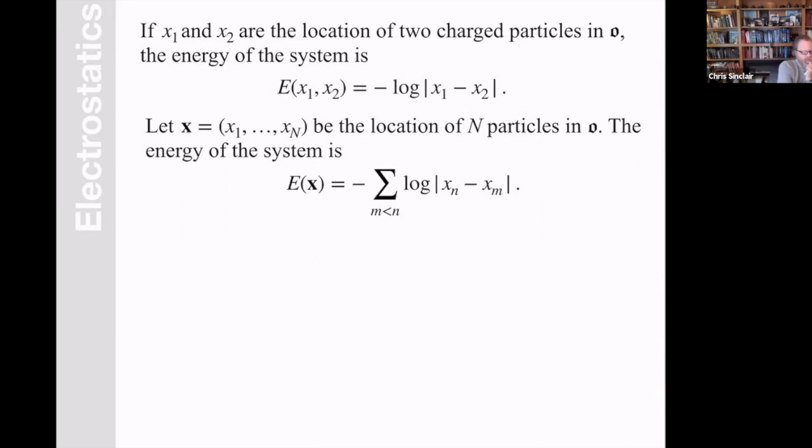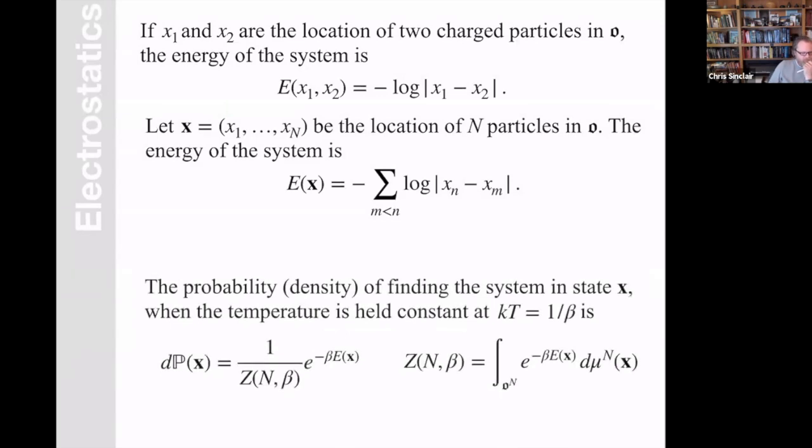Then the probability density of finding the system in a particular state, when the temperature is held constant, where again I'm using beta to be 1 over the temperature, is e to the minus beta, the inverse temperature parameter, times the energy.